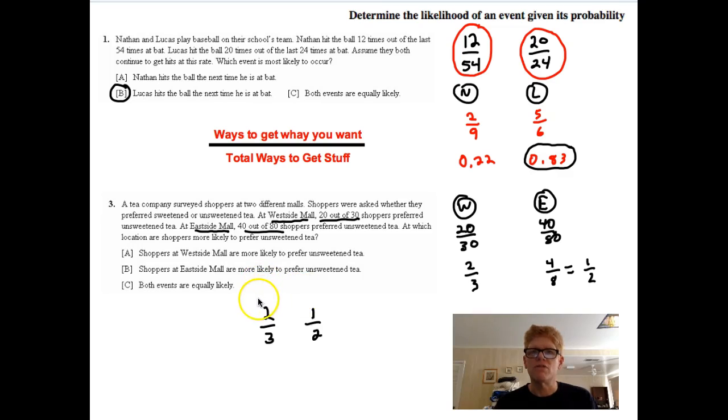Well, these are simple fractions, so 2/3 is clearly bigger than 1/2. People at West Side Mall, where the probability is highest at 2/3, are more likely to choose unsweetened tea. Clearly, they're not equally likely because 2/3 is not equal to 1/2. So we would choose 2/3, West Side Mall, letter A.